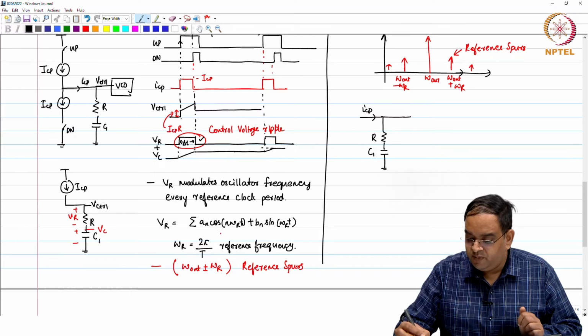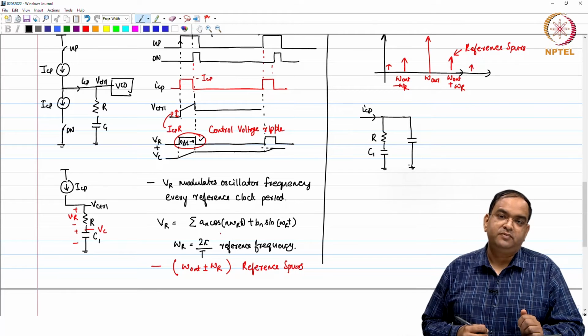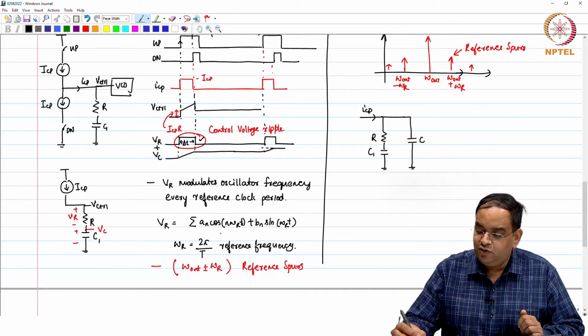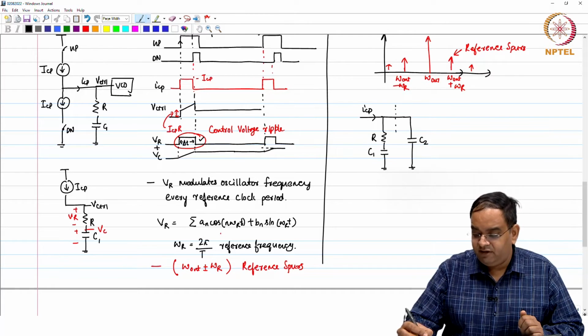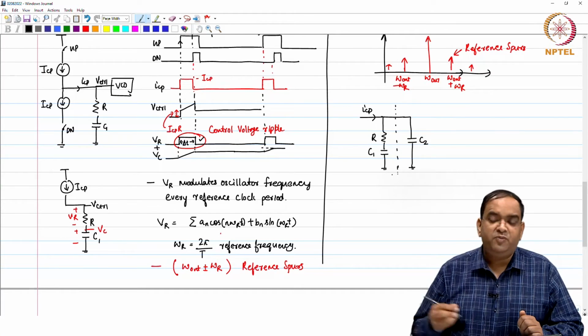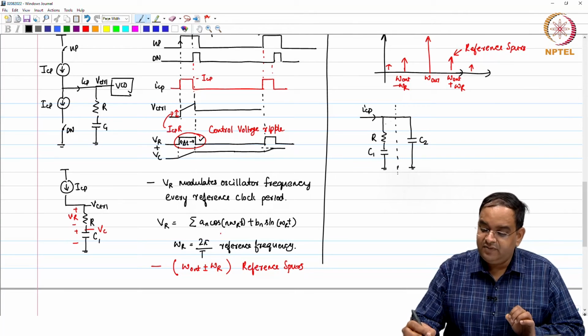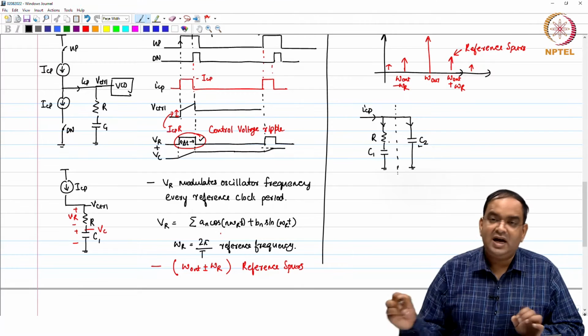So, that low impedance path can be provided by a capacitor with value C2. For just hand waving analysis, let me put it that way, I have ICP, it sees two paths, one with C2 and another with R and C1.